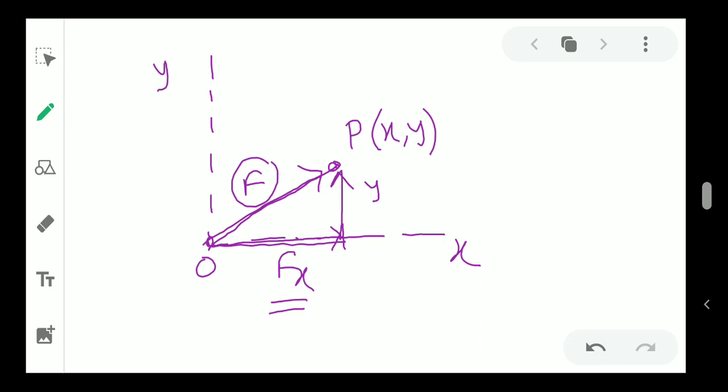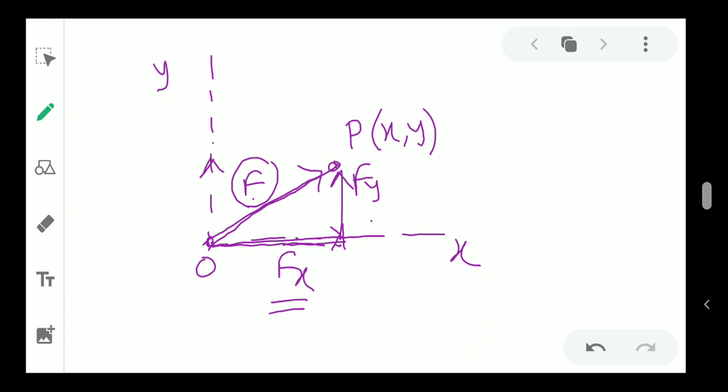Fx is the force responsible for the x shift in horizontal distance, and Fy is the force responsible for moving the coin in the vertical direction. So this F has two components; these are called components of force.